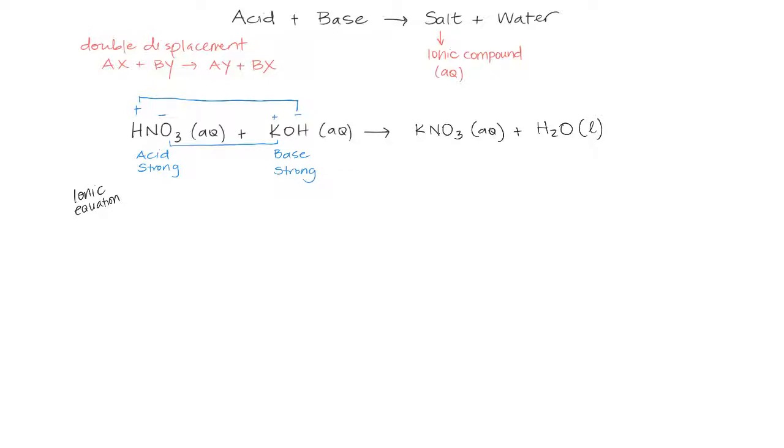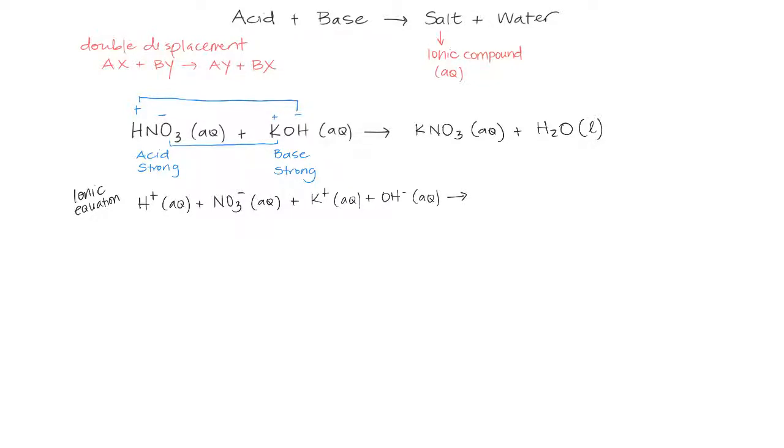Remember that strong acids and bases will ionize or dissociate 100% of the time in aqueous solution. So our ionic equation will be H+ and NO3-, coming from the 100% ionization of our strong acid, plus K+ and OH-, coming from the 100% dissociation of our strong base.